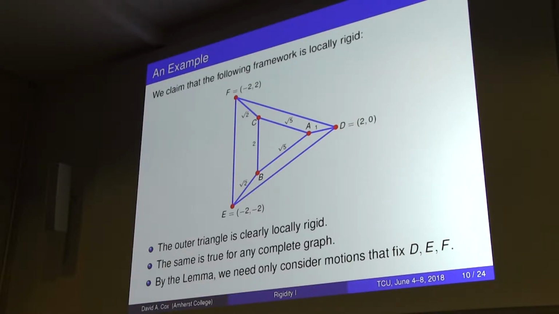And of course, notice that the outer triangle is clearly rigid because it's a complete graph, and any complete graph is rigid in any dimension. So by my lemma, if I'm going to prove that this is locally rigid, it suffices to take motions that fix the outer triangle. So the question is, if I fix the outer triangle, can I wiggle the inner one? That's the question we have to answer.